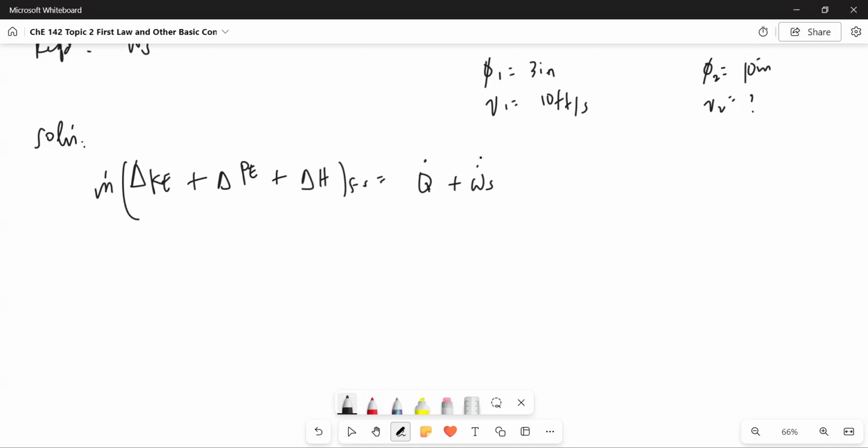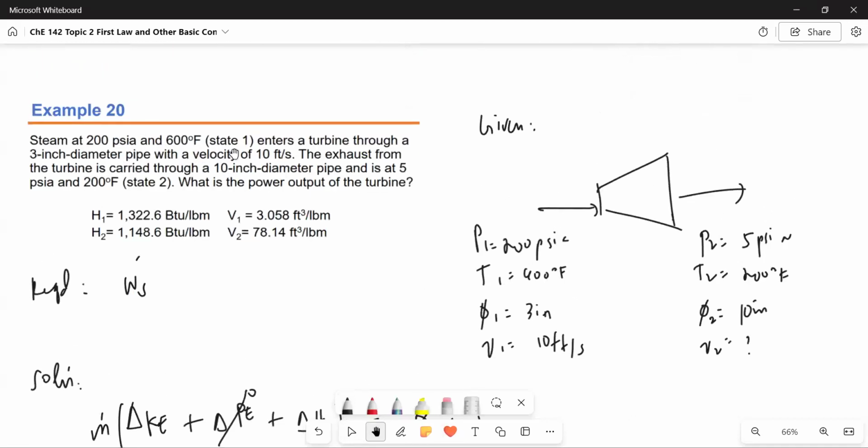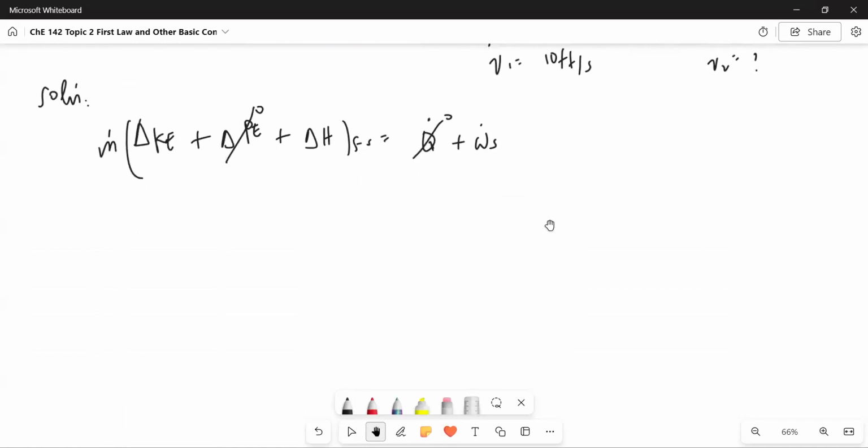There is no information about potential energy, so you can assume it to be zero, and also Q is 0. No mention about any Q.